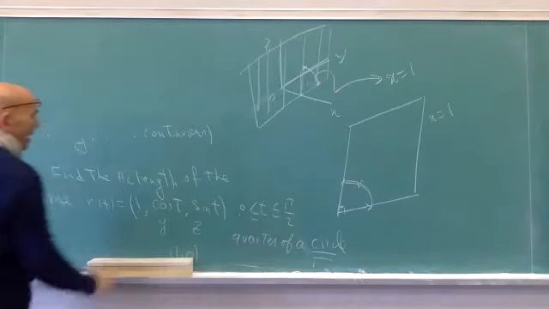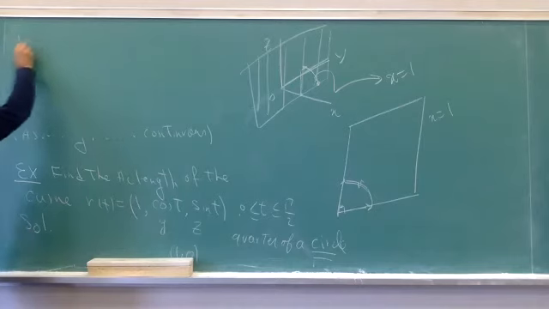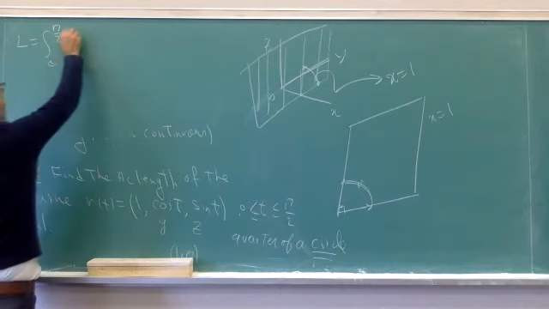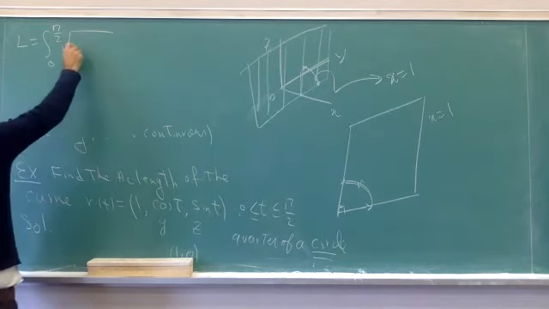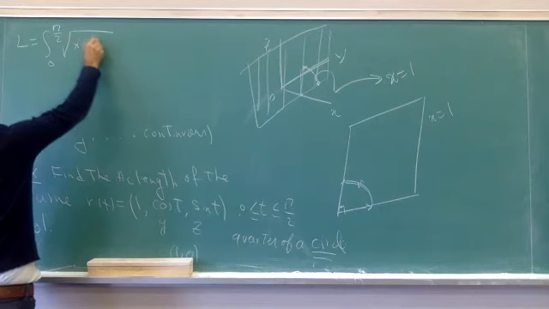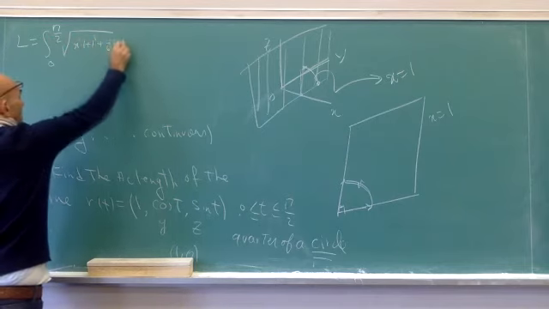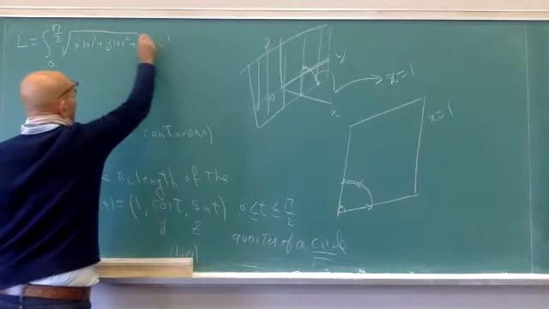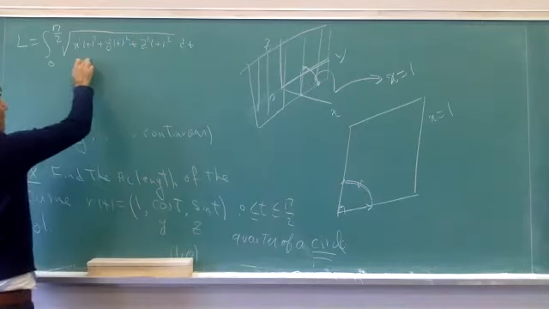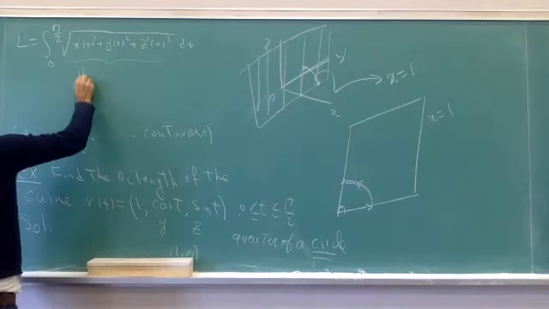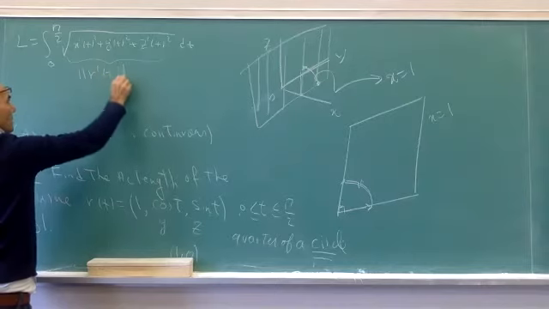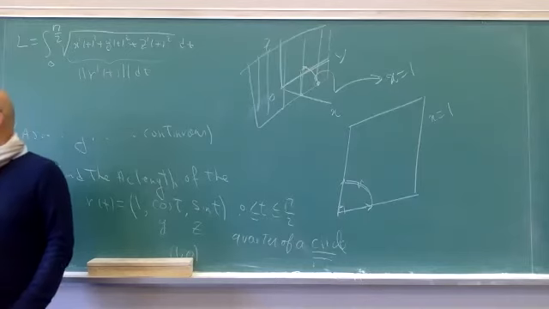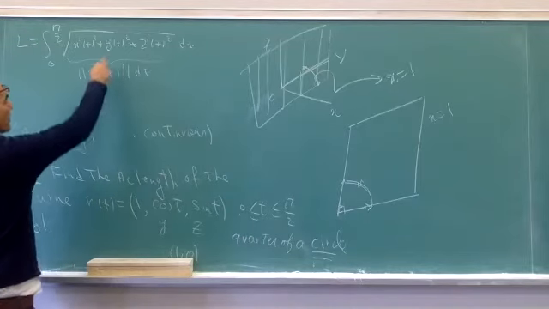Now what is the length? Length is equal to the integral from 0 to pi over 2 of the square root of x prime t squared plus y prime t squared plus z prime t squared dt. This is nothing but, of course, the norm of r prime t, because it has three components, x of t, y of t, z of t, and we just differentiate and we get that formula.